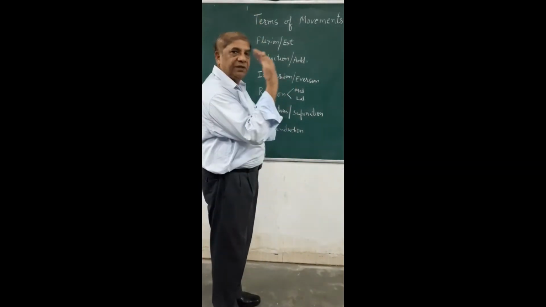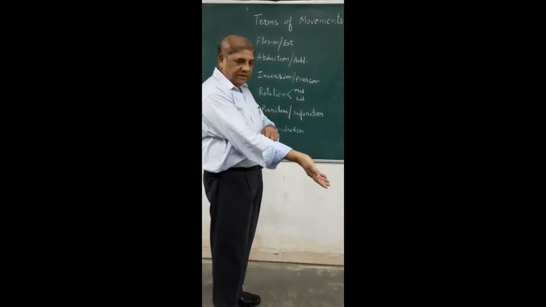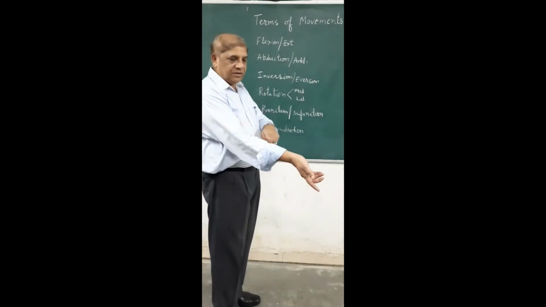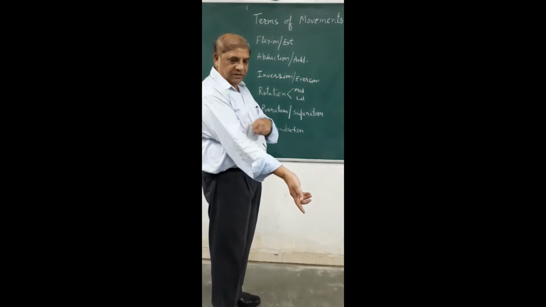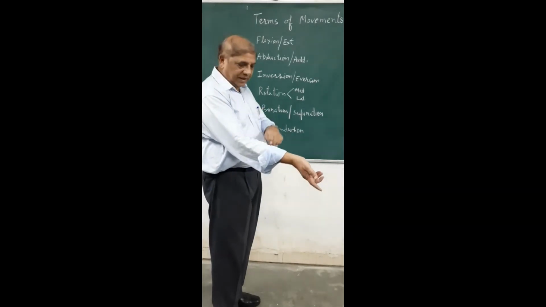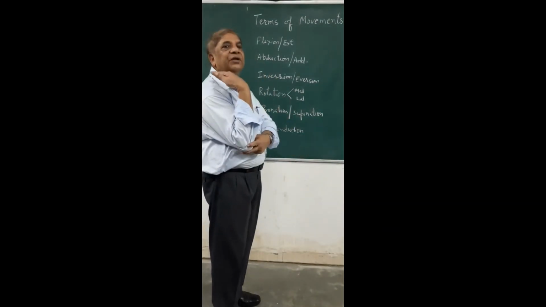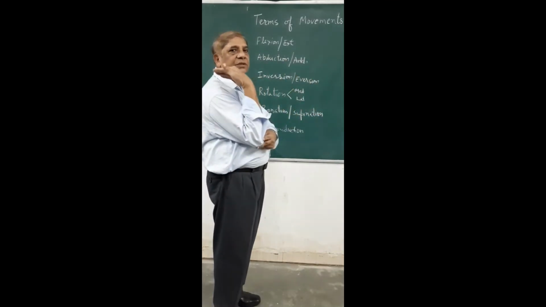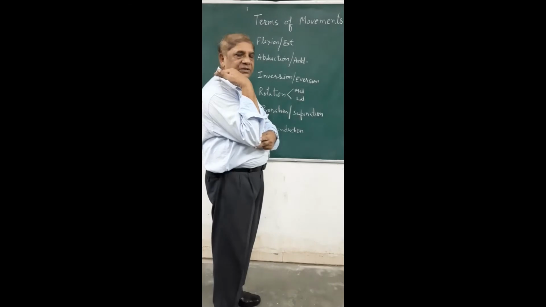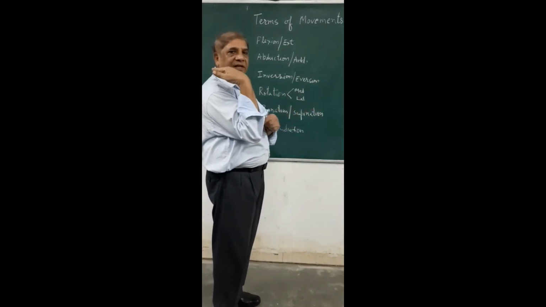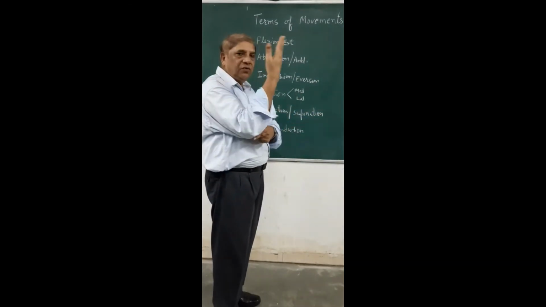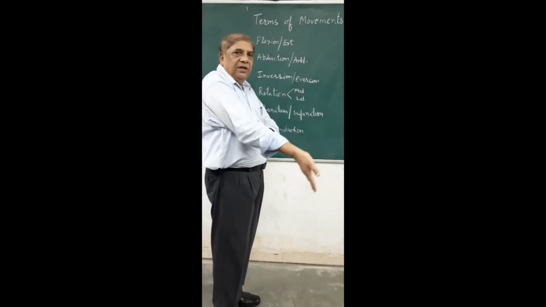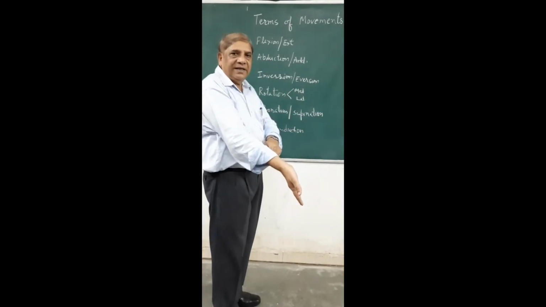So this movement is taking place in the sagittal plane, where the two flexor surfaces, or the ventral surfaces of arm and forearm, are coming close to each other, so that the angle at the elbow is reduced. This is the movement of flexion, and from here if we go back to the normal position, this movement is called extension.